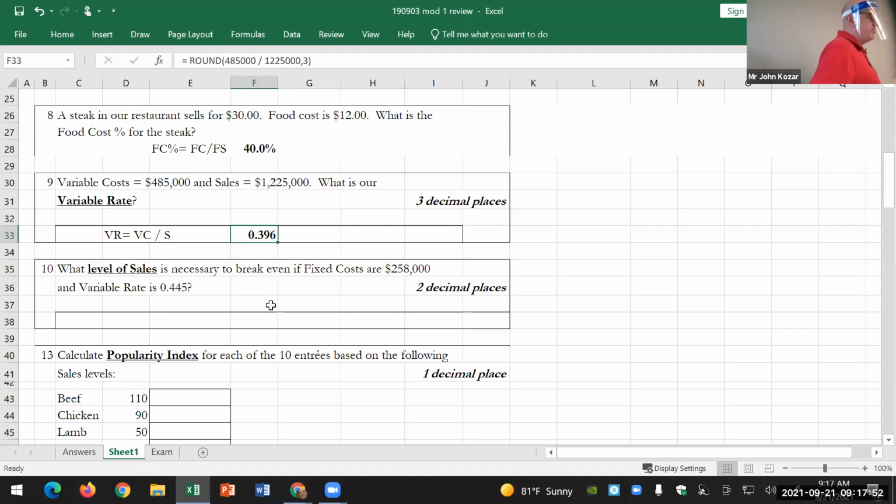And in this case, could we also say what the contribution rate is? Pardon me? So how do you get that?